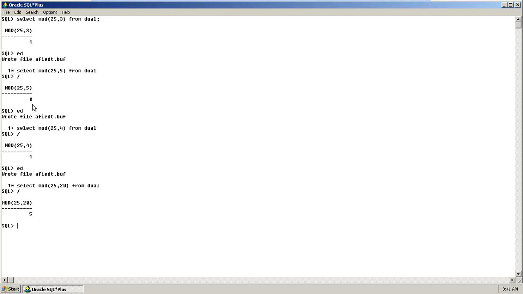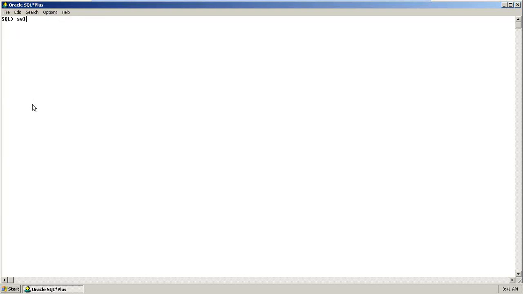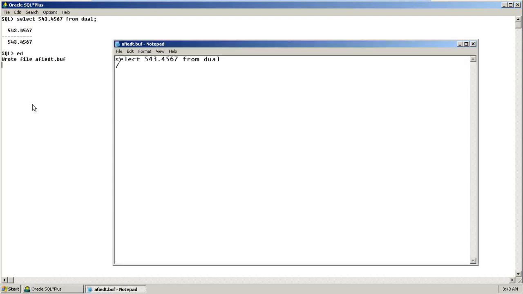And we have some functions for rounding the values. We have a round function, a trunc function, and a ceil function. So round means round the value. Select 543.4567. This is just a number, right?